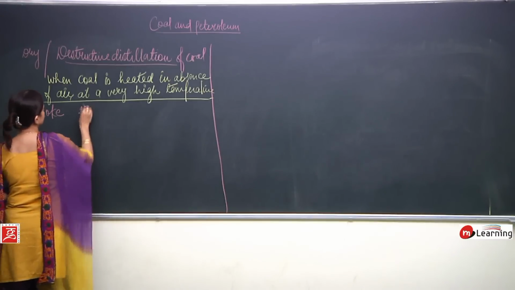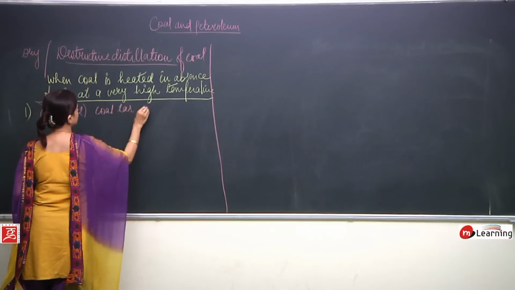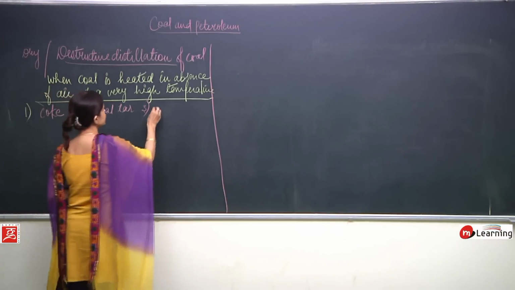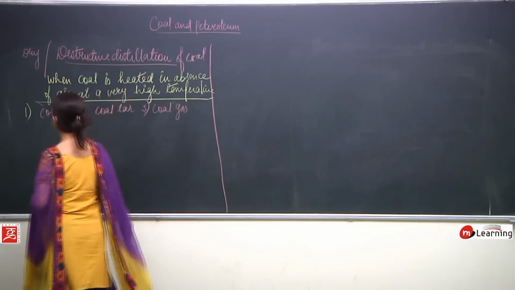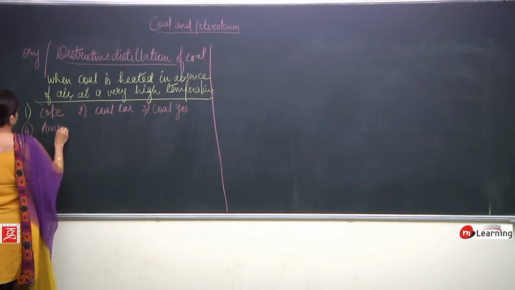Second is coal tar. Then the third one is coal gas. And the fourth one is ammonium liquor.